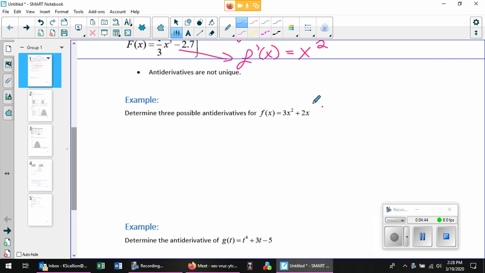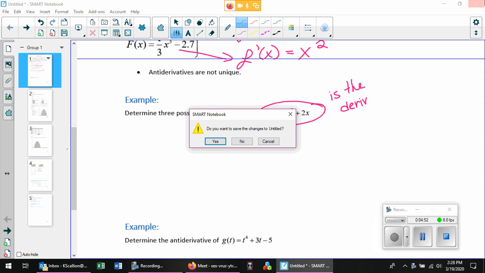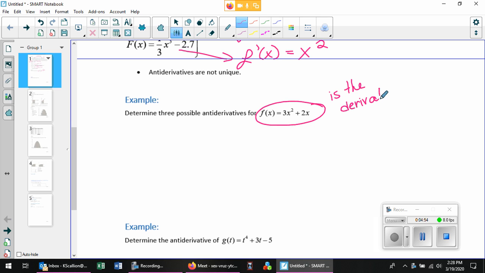So that would mean that this is the derivative. So that one is the derivative. So give me some original equations. So you gotta undo the deriving.